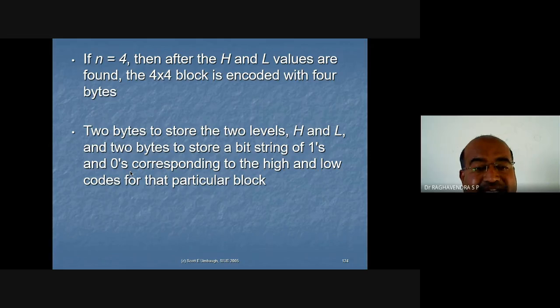Next, 2 bytes are stored for 2 levels, that is H and L, one for H, the high value, and one for L, the low value. And 2 bytes are required to store a bit string of ones and zeros, because when you are encoding a given block, you have to code it using binary codes, which are of course 1 and 0.